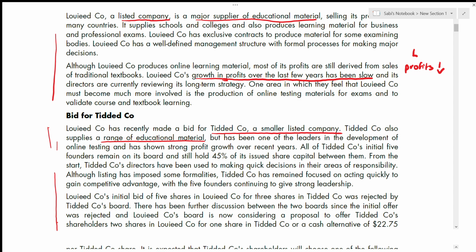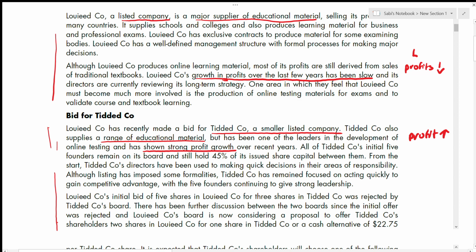But has been one of the leaders in the development of online testing and has shown strong profit growth over recent years. This is very important, that they have shown strong profit growth. Whereas in L, the profit growth was slow, but here, profit is going up. I'm just showing it by an arrow, right?